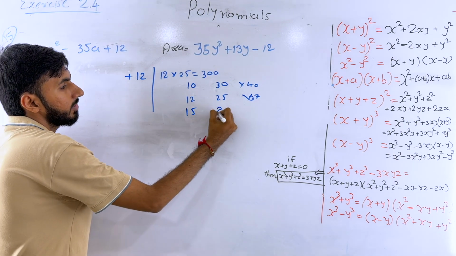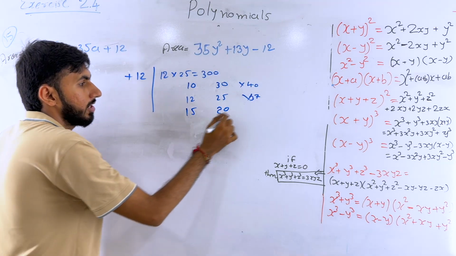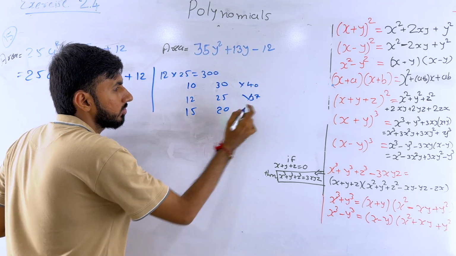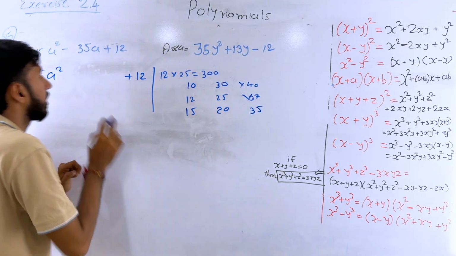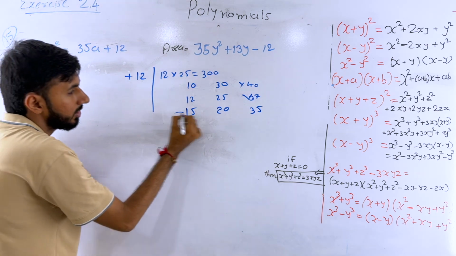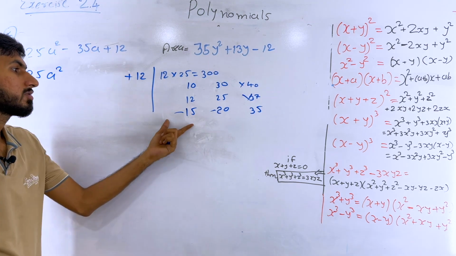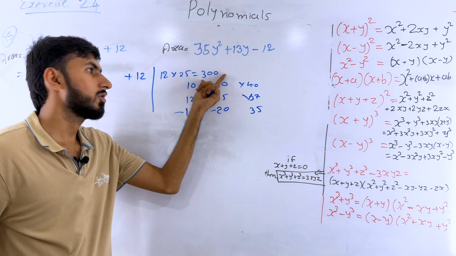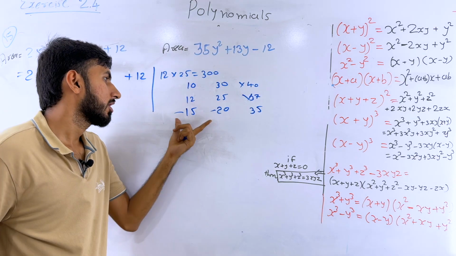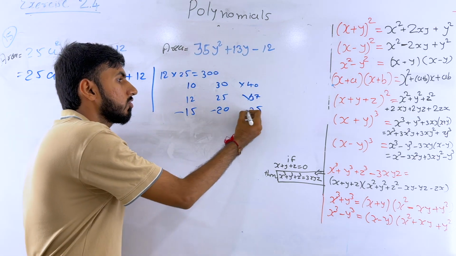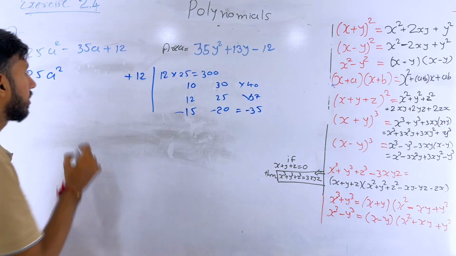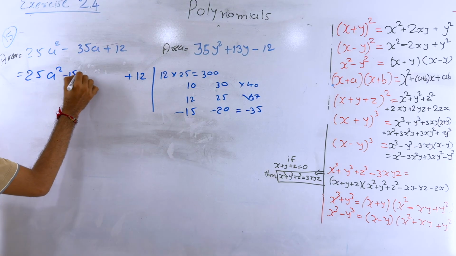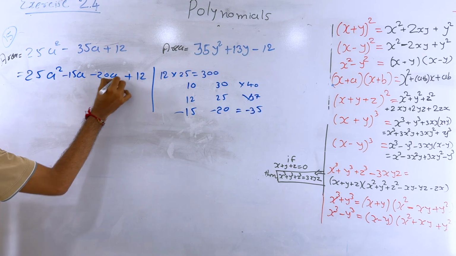If I do 15 multiplied by 20, right? My addition of both will come as 35, but I want minus 35 here. So let me take both the terms minus. So minus 15 multiplied by minus 20 will look like plus 300, and addition of both is equal to minus 35. So I can use minus 15a minus 20a, right?